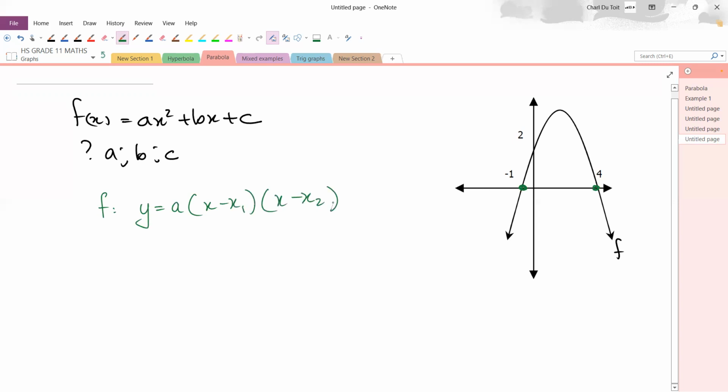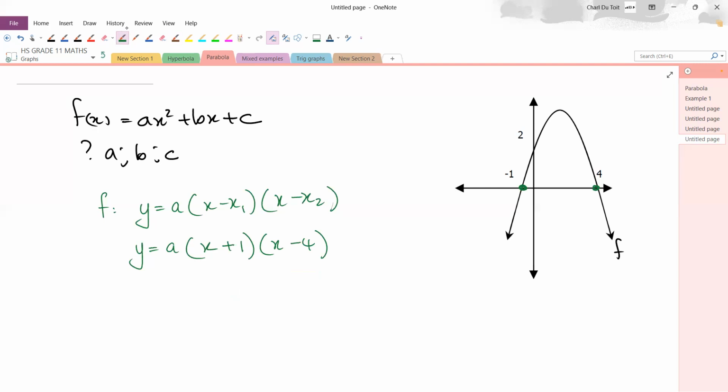So I'm going to put those values back in. That becomes y equals a(x plus 1)(x minus 4). Those are your x-intercepts, so I'm just putting those root values back into the equation.